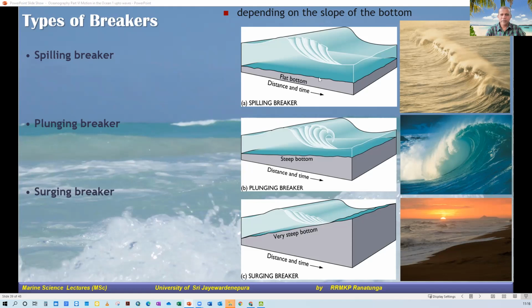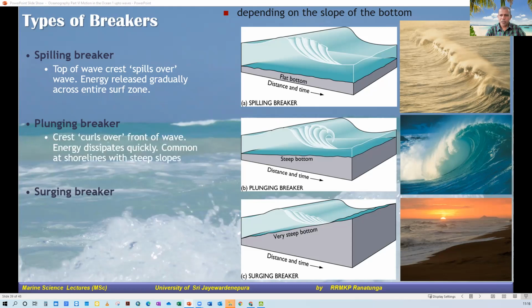Right? If it is a flat bottom, you will get this kind of spilling breaker, right? And you will see only a spill over, just a small spill of the top particles. But in the second one, as you can see, it is a curling or rollover. And the third one, you're not really observing any break here.